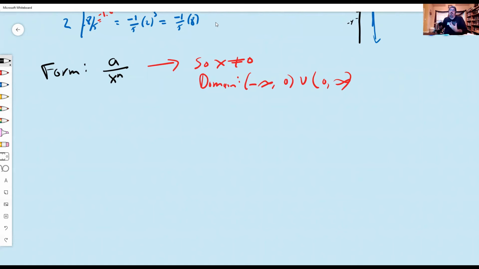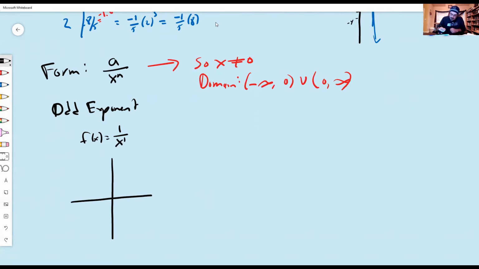Again, we'll look at what happens when n is even or n is odd. So, we have an odd exponent. You have something like f of x equals, say, 1 over x to the 1. I can't cross it.